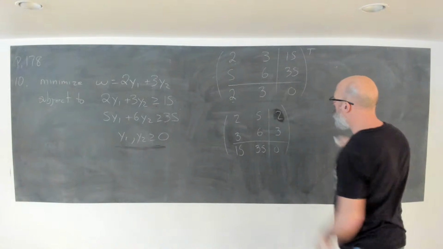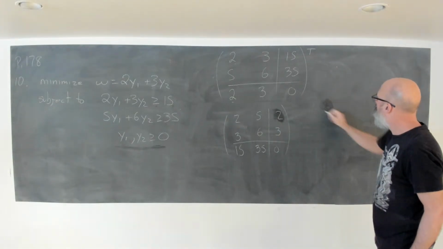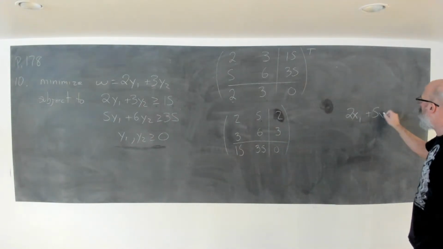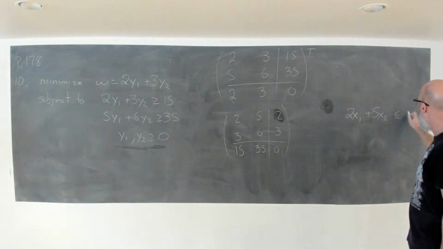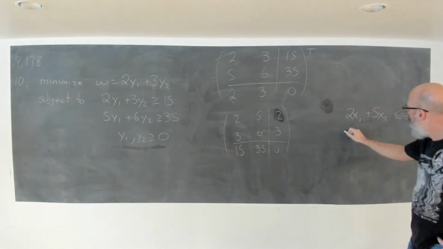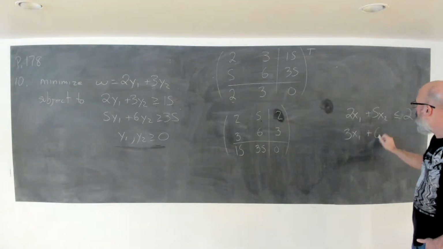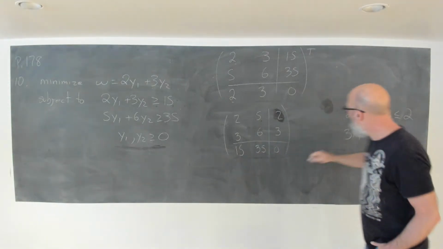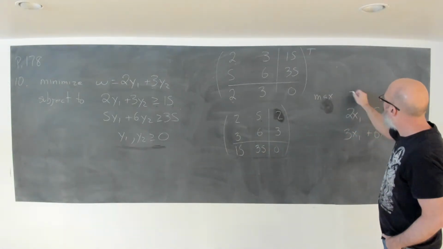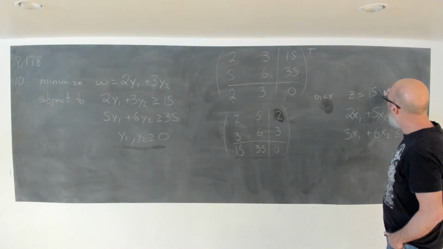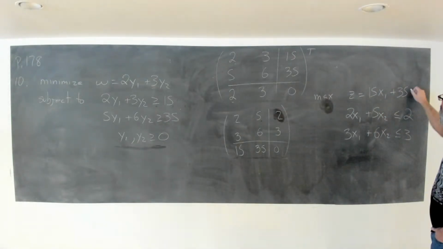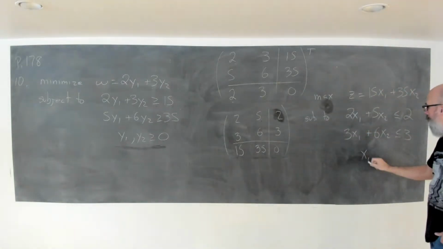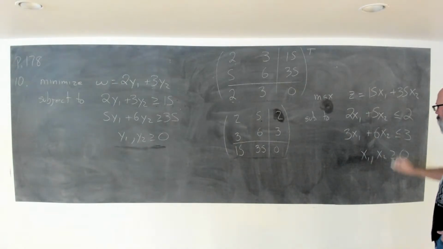This is going to give rise to 2x1 plus 5x2 less than or equal to 2. 3x1 plus 6x2 less than or equal to 3. And we are maximizing the function 15x1 plus 35x2 subject to this, and x1, x2 greater than or equal to 0.